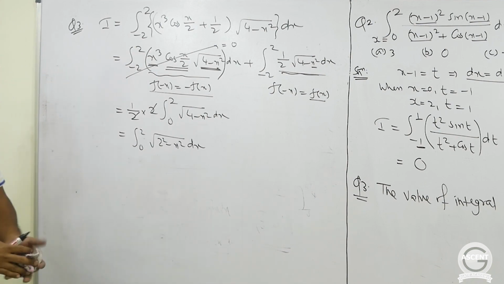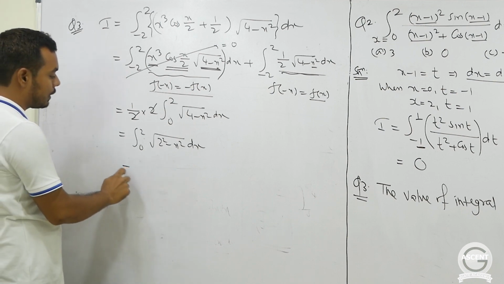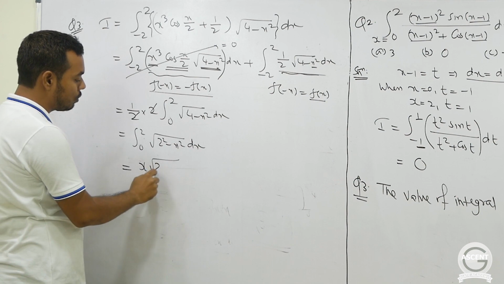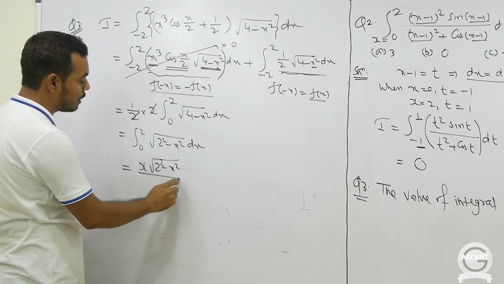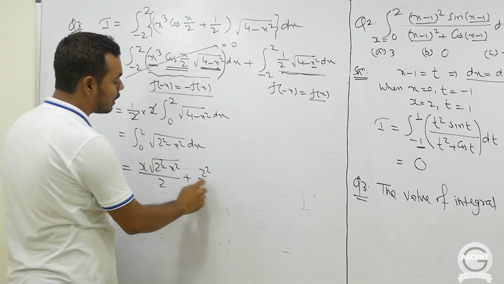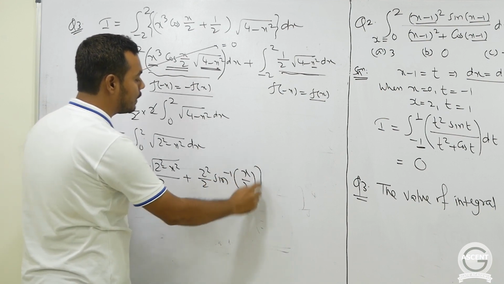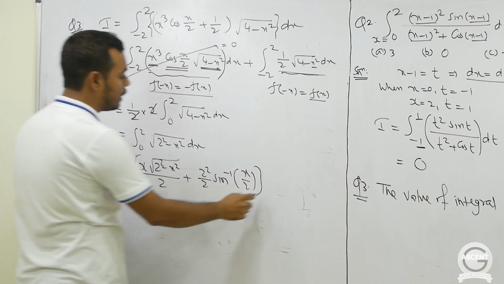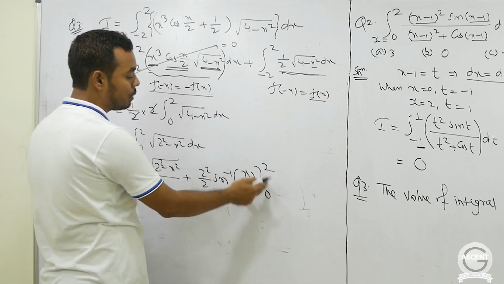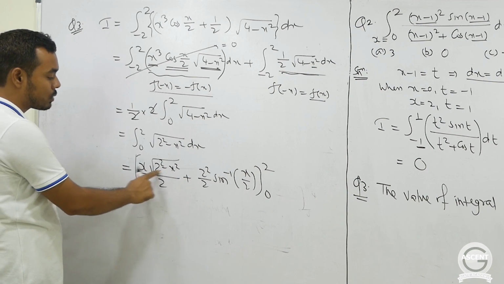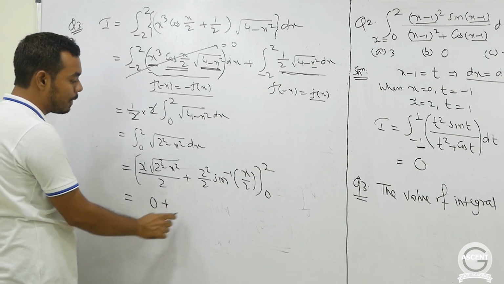Now we all know the formula for the integral of root over a square minus x square dx. This is x into root over a square minus x square by 2 plus a square by 2 into sine inverse x by a, and this has to be evaluated at x equals 2 and then 0. If I place 2 here, 2 square minus 2 square will be 0.